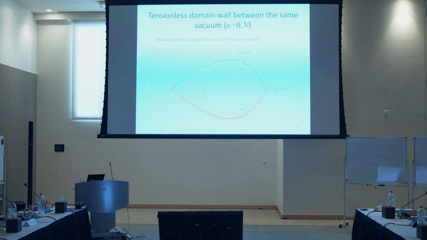It starts from 1 here, then goes to a value of about -4, and then goes back to the value 1. So it makes a closed circle here. So this domain wall is on the same vacuum, and the question is whether it is stable or it just dissolves into the super Yang-Mills vacuum.